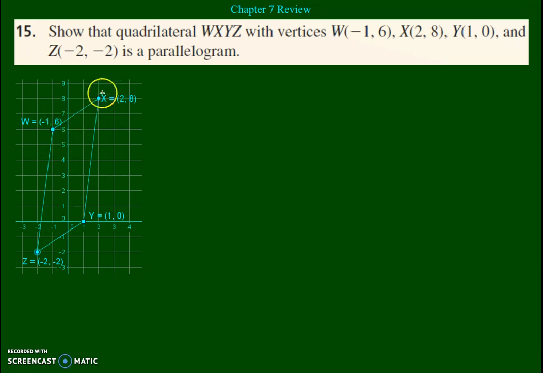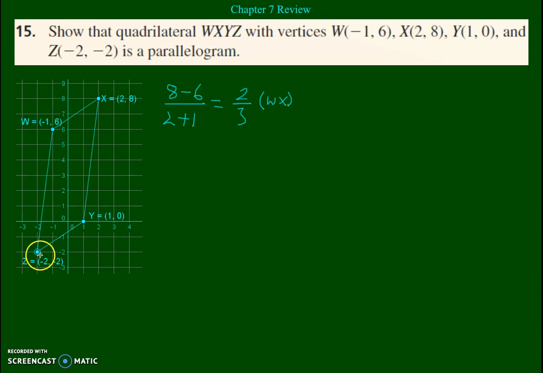Let's go ahead and do the slope of WX first. So it's the difference of the y's, 8 minus 6, over the difference of the x's, 2 minus negative 1, which gives us 2/3. And this is for WX.